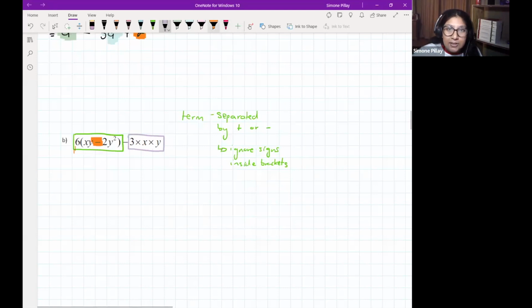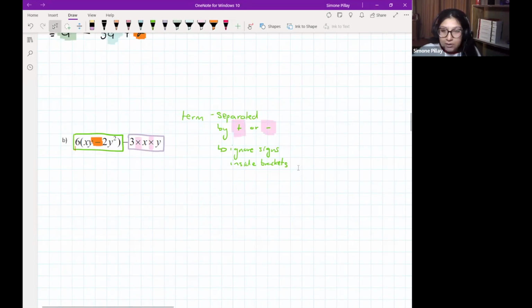Because these are separated by multiplication. Separated by multiplication does not create different terms. It has to be separated by addition or subtraction. So, Christian, I see you're saying that it makes sense now that it's two terms. I'm glad to hear that.